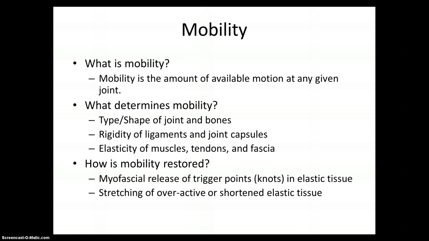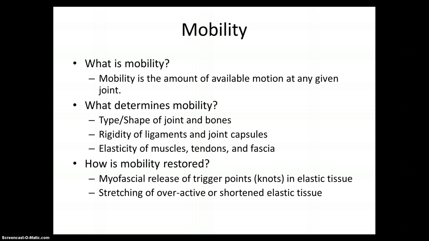The way we restore this is first by using myofascial release techniques, or those trigger points or knots in the elastic tissue. So those sore spots, those knots, those areas of dysfunctional tissue that are tight and sore, we have to work those out first.